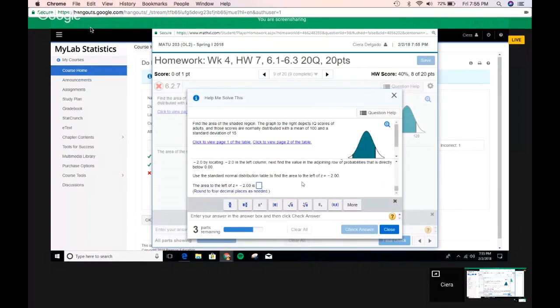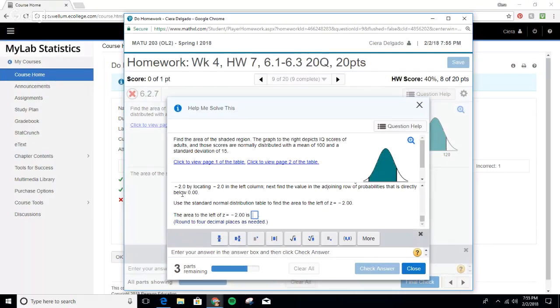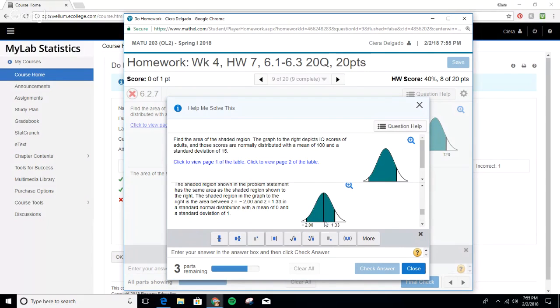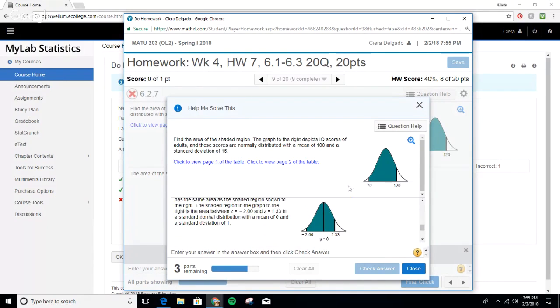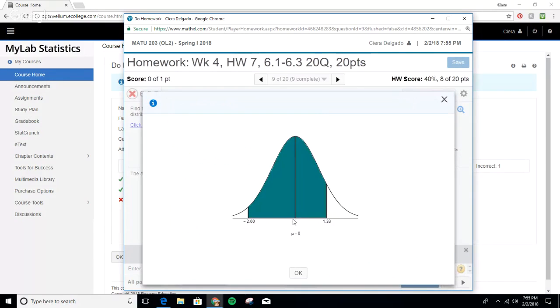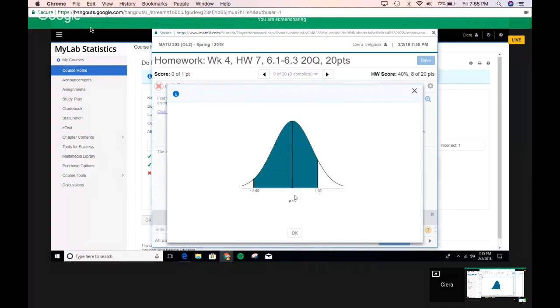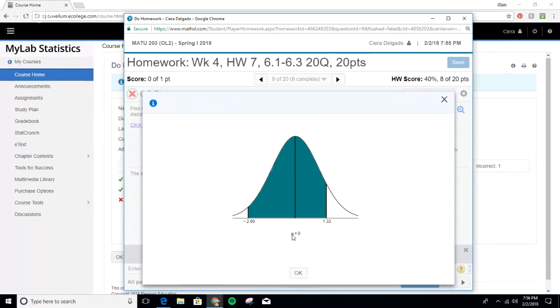You were saying it's under 0, right? Now, why do you... It just plugs that in. I don't know where it's figuring that out, unless you count places over or subtract somewhere. Or look on the bottom. So you said the standard deviation was 0, right? And that's the mean.